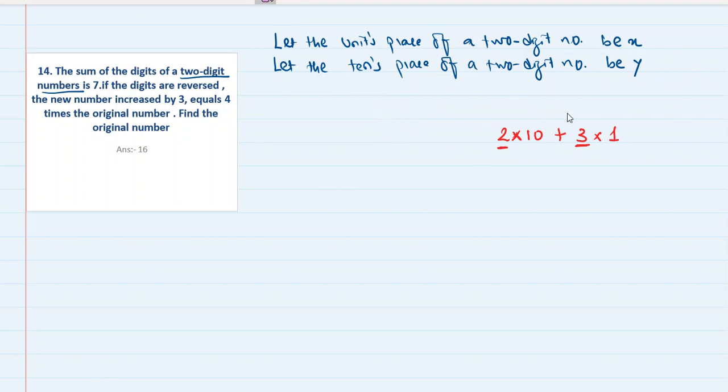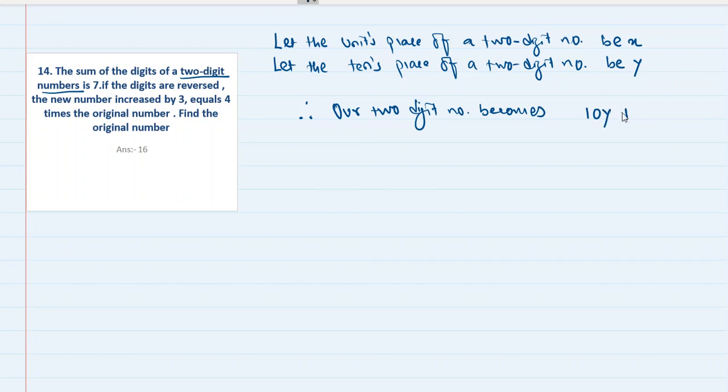If you know a little bit of algebra, you will understand that. So how will you write it? Therefore, our two-digit number becomes, what does it become?